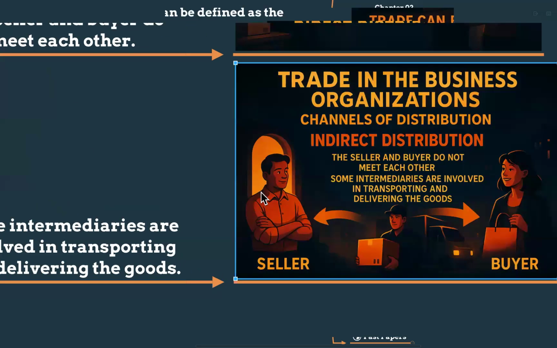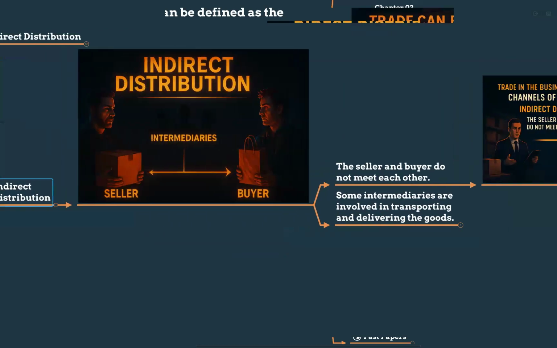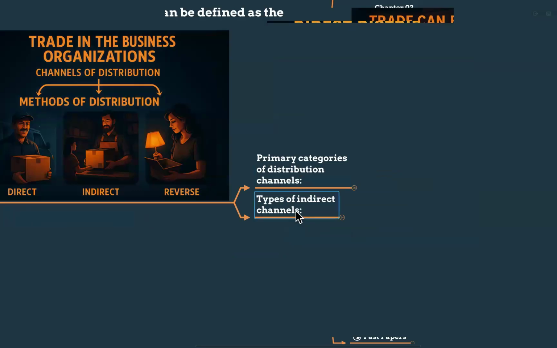As a seller, you don't need to provide the transport facilities, any other delivery facilities, or even packaging facilities. They will handle all those things, right? So there are some intermediaries like that also. So that is the simple explanation of the primary categories of distribution channels.